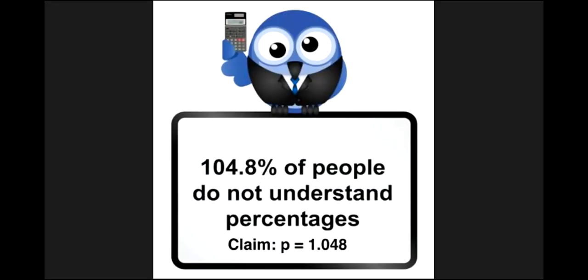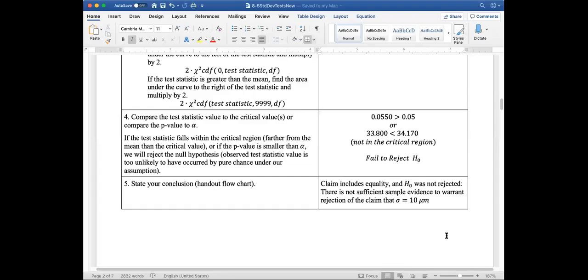Okay, let's stop this and go back to our document. And once we have the critical value information, comparing that to the test statistic and comparing the p-value to alpha, we see that the p-value is bigger than alpha, which means we fail to reject H0, the assumption.